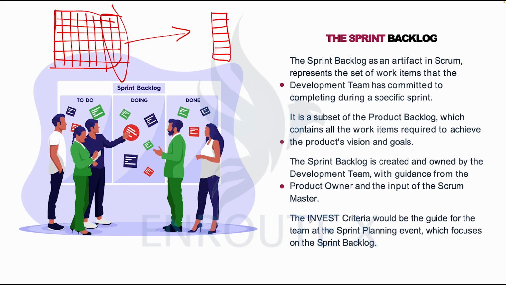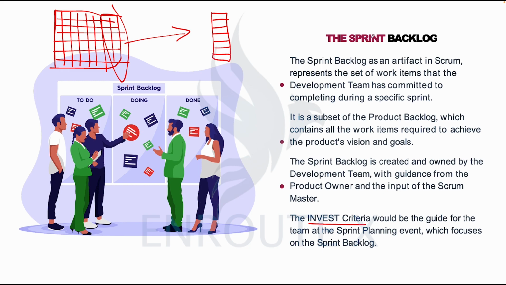And that brings us to the INVEST criteria, which we consider. In Module 2, we discussed extensively what happens in sprint planning, and we mentioned that the INVEST criteria serve as a guide for the sprint planning.